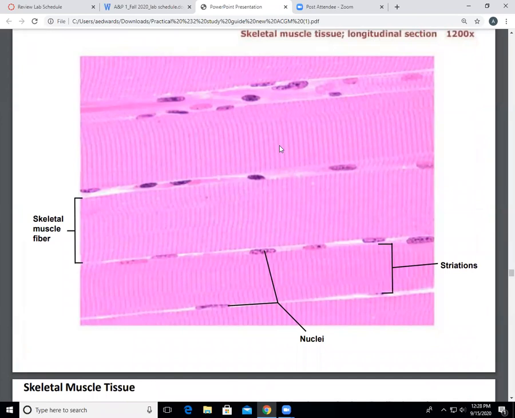So again, long rows, very organized, vertical striations or lines, multiple nuclei per cell. Each of these, essentially, these rows is a separate cell. So there's lots of nuclei. Why do you have lots of nuclei? Why do you think you have lots of nuclei in a skeletal muscle fiber or skeletal muscle cell?